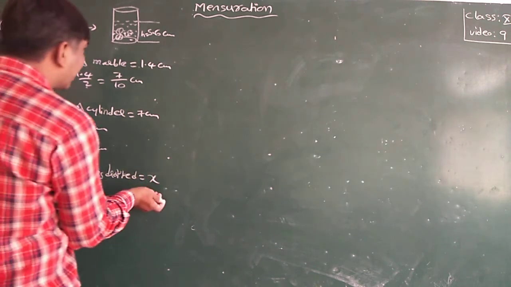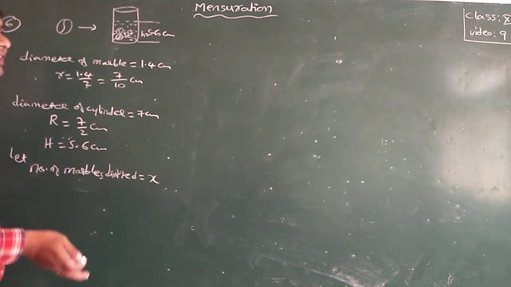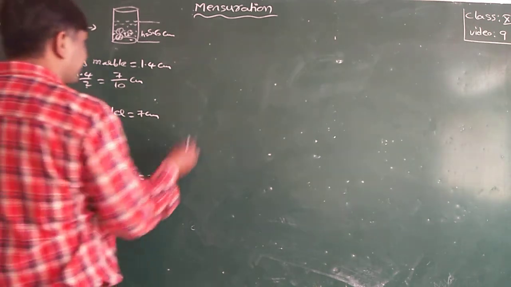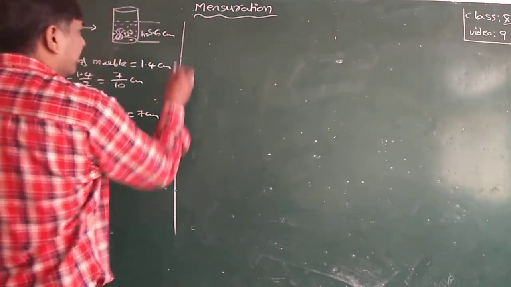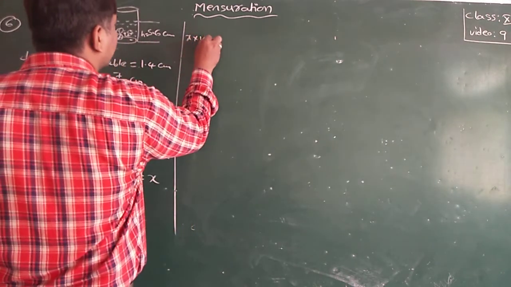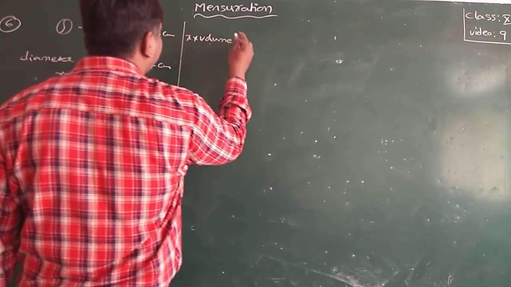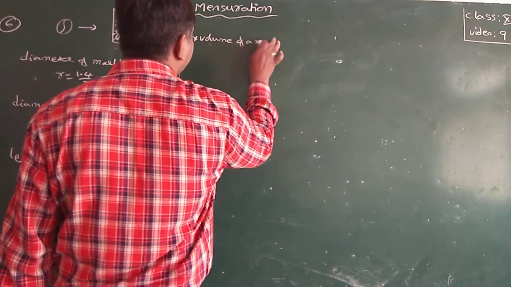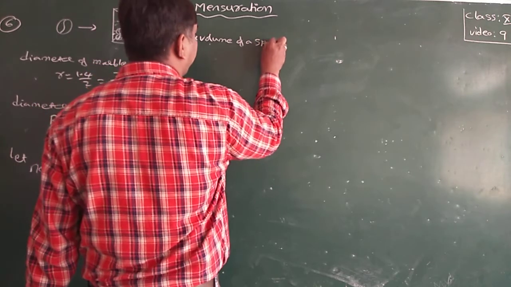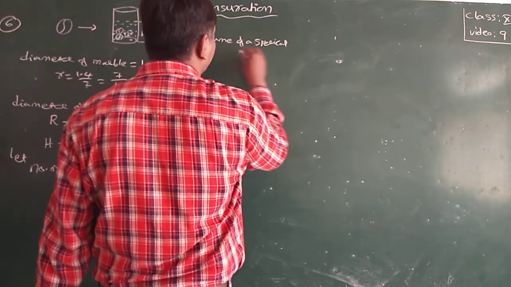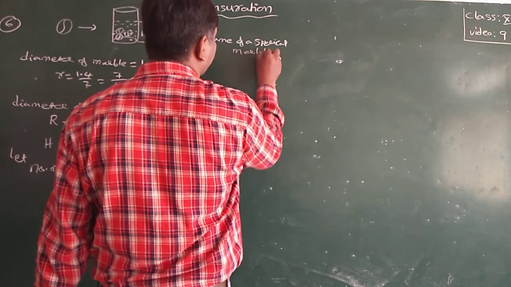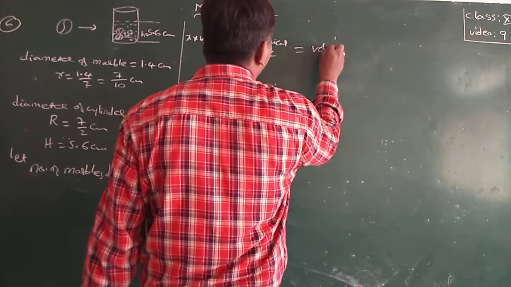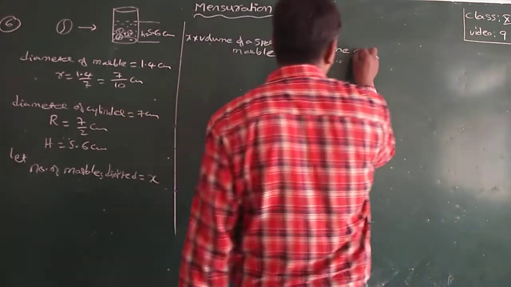X number of marbles volume is equal to volume of the water in the cylinder. Means x into volume of one spherical marble is equal to volume of water in the cylinder.